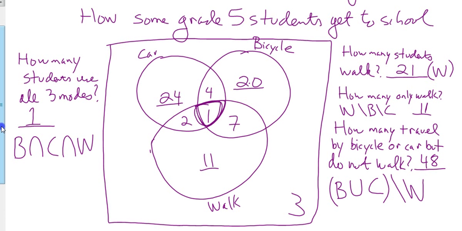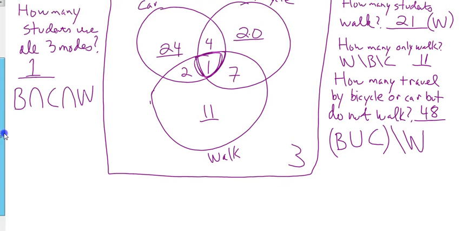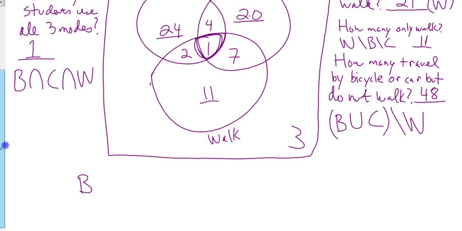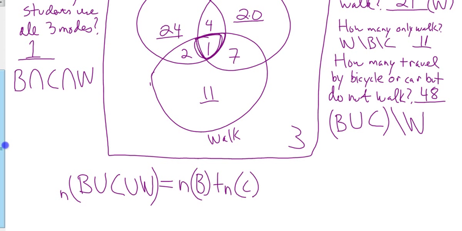If I want to calculate the number of bicycle or car or walk, and let's say we had all these numbers written down, then we would add up the number that bicycle, the number that take a car, and the number that walk.